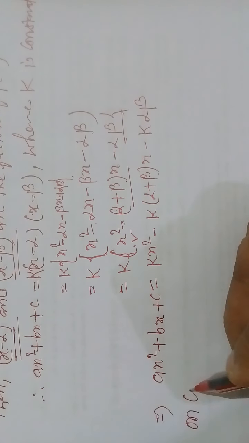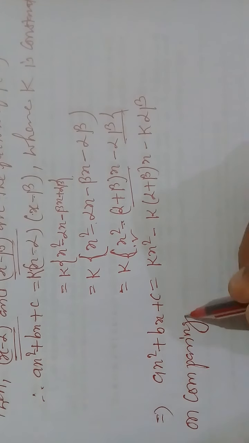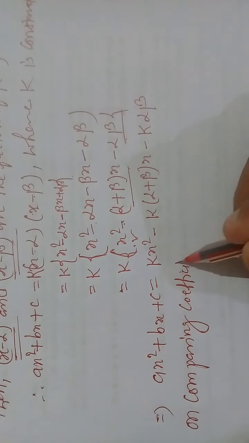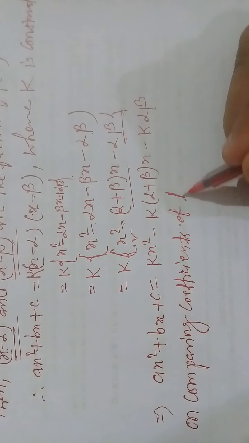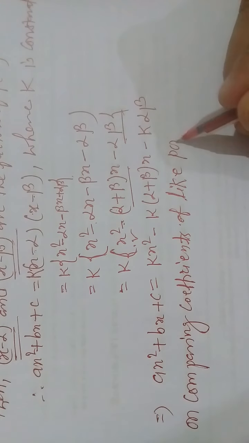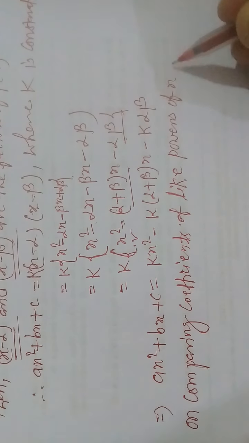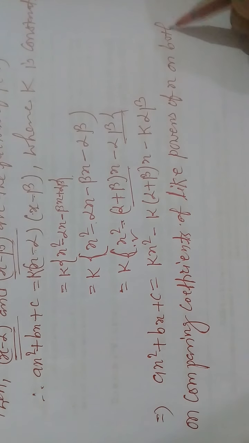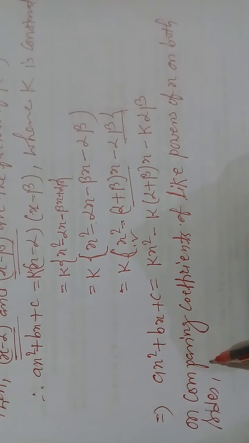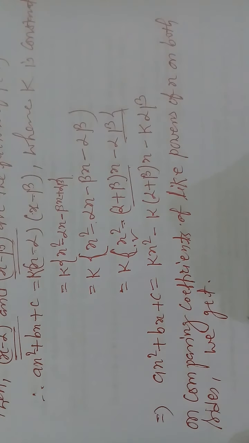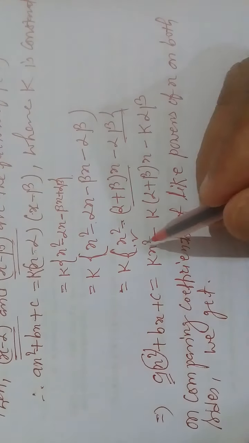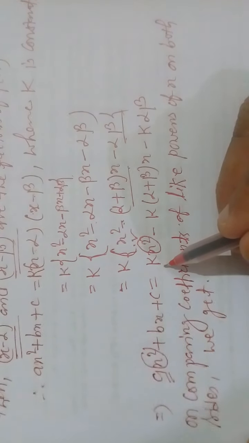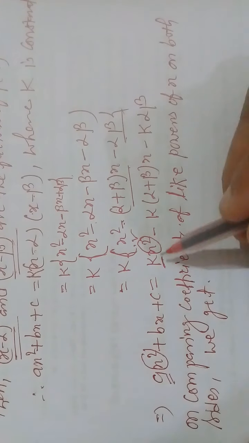On comparing coefficients of like powers of x on both sides, we get: in x square, its coefficient is a on one side, and on the other side the x square coefficient is k.